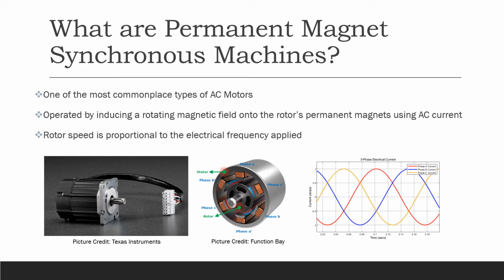You can think of the rotor as magnetically latching on to that field. So as that field rotates, so too will the rotor, and thus you get rotation of the motor. The rotor speed is proportional to the electrical frequency that's applied. The electrical frequency directly affects the rotational speed of the field, and that will be proportional to the speed of the rotor.